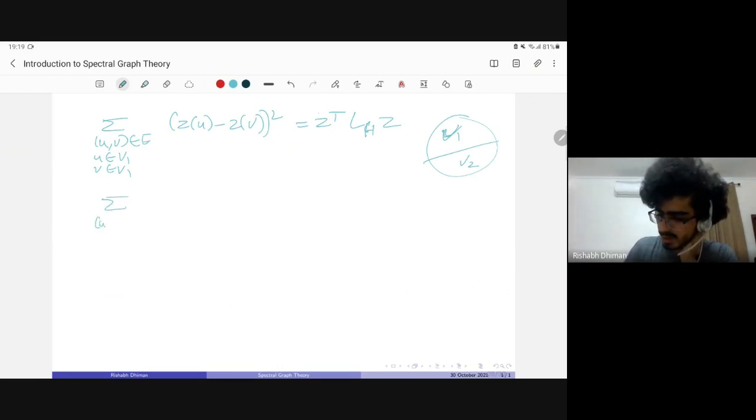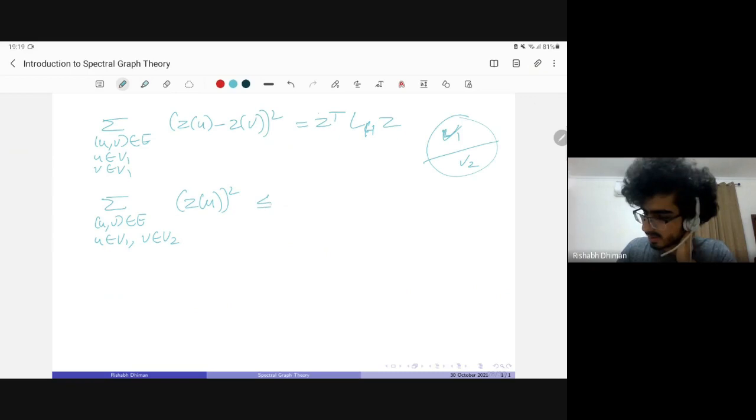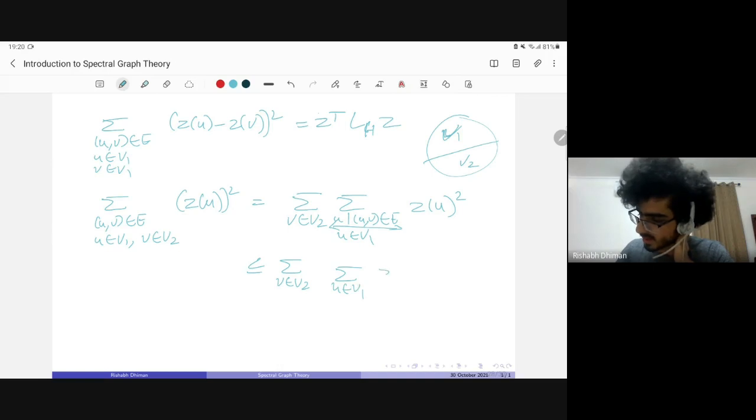Now you consider this sum, u in V1, v in V2, z_u squared. Now what you do is you sum over all of these values. This is nothing but the sum over uv in A, u in V1, of z_u squared. This will be a summation over V2. You just remove this constraint and consider just V1, z_u squared.